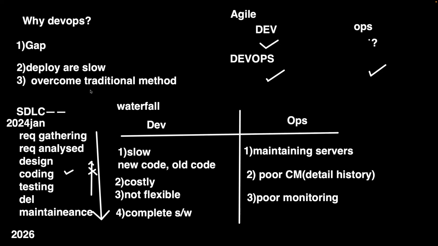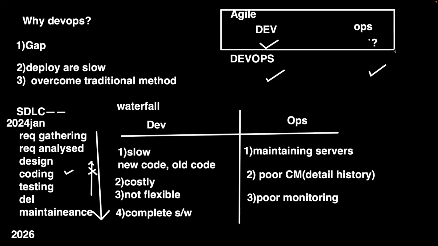But before getting into DevOps, let us also peep into how Agile could overcome the challenges of dev teams. I'll give you a brief. We are not going to learn Agile here, but because we are in the context, let me tell you how it can overcome these challenges of dev teams.